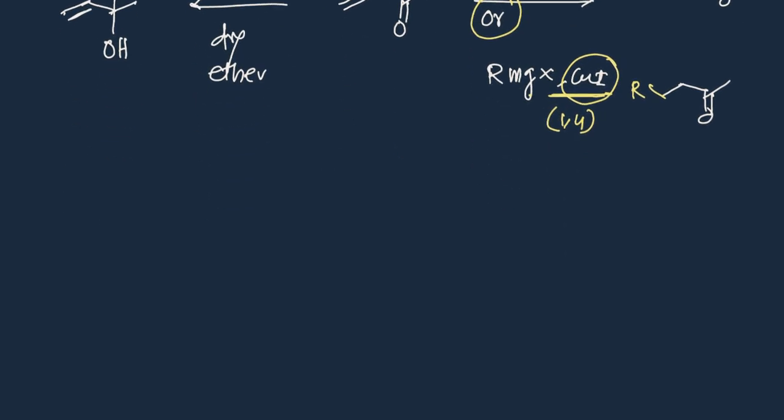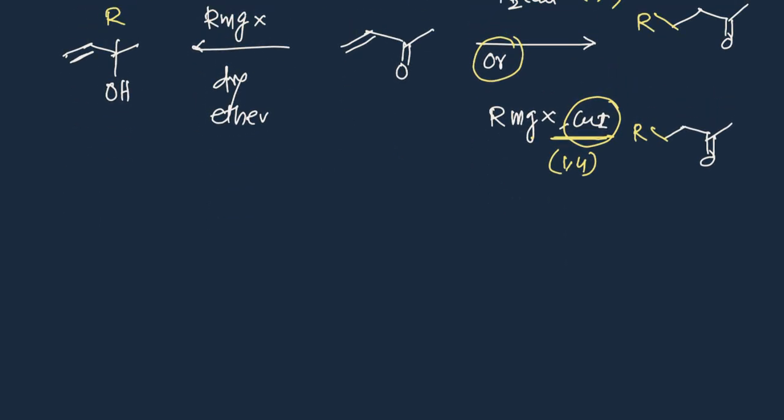Another application of the Grignard and particularly the magnesium reagents: whenever we have crowding, suppose this is the molecule and I will give the numbers, this is alpha, this is beta.